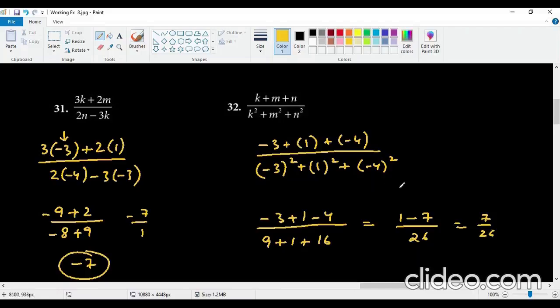It's going to be negative. 1 minus 7, finally, should be 6. Yes, 6 over 26 is going to give you minus 3 over 13.